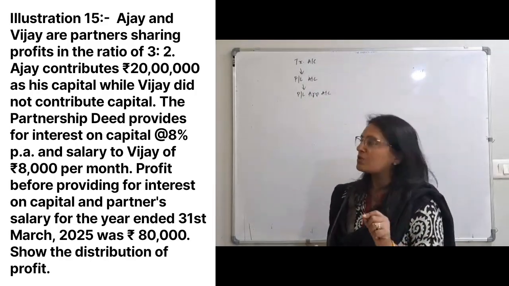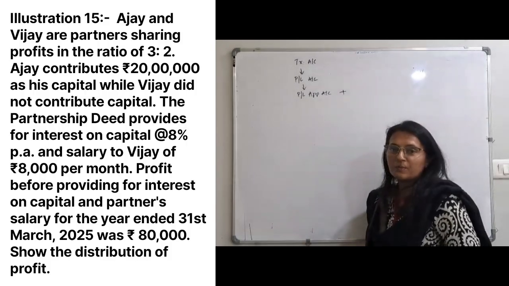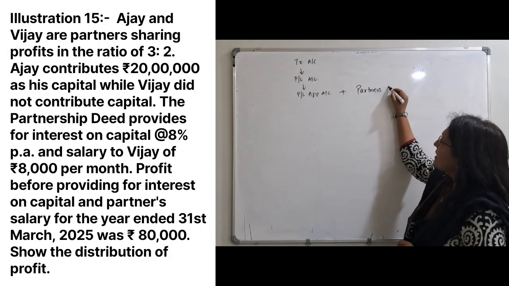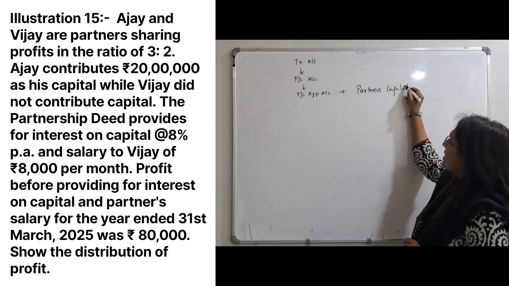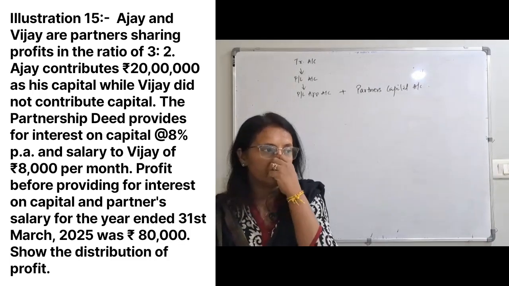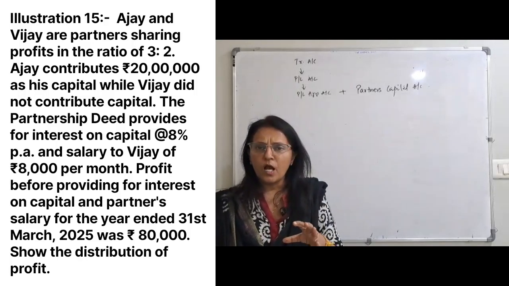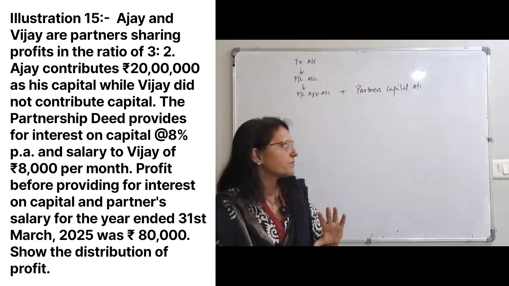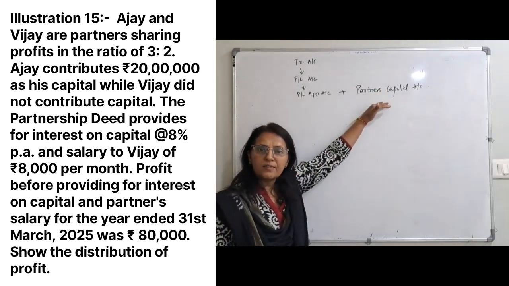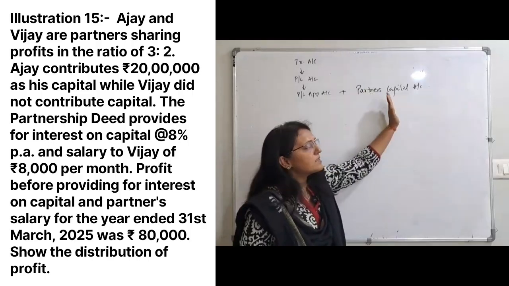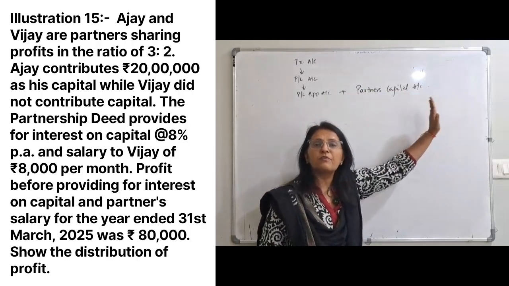Now, one more account will be prepared along with the profit and loss appropriation account, known as the partners capital account. What is the reason why we are preparing the capital account? This is to show how much each partner is going to get. If a partner is getting salary, commission or interest on capital, each partner will be getting how much.